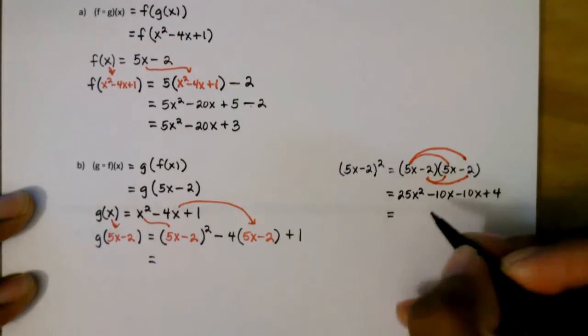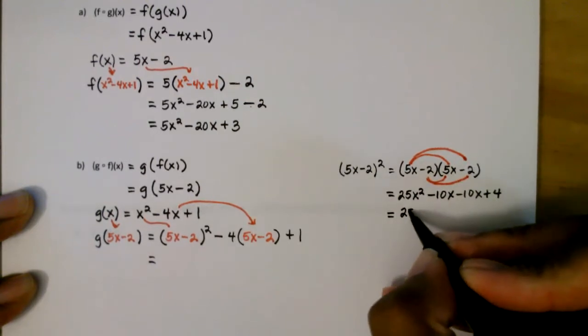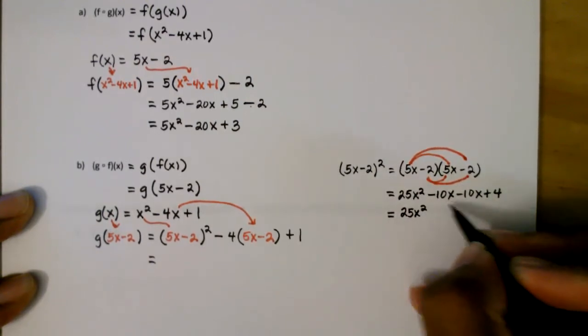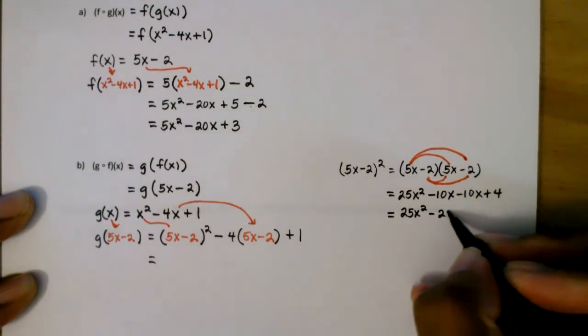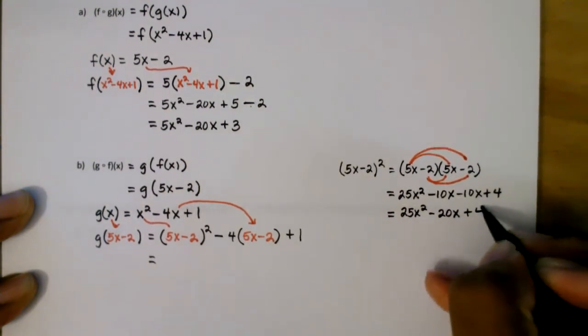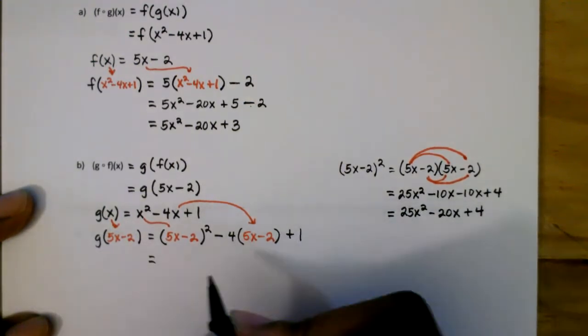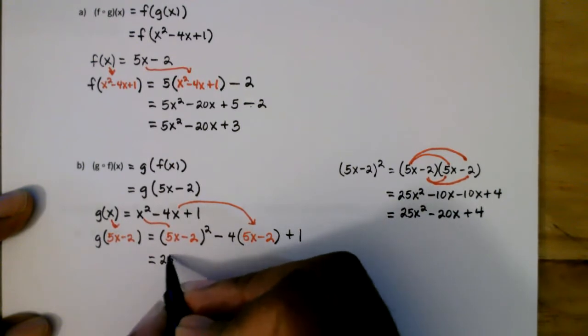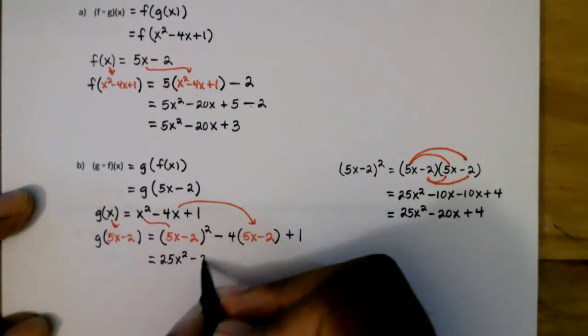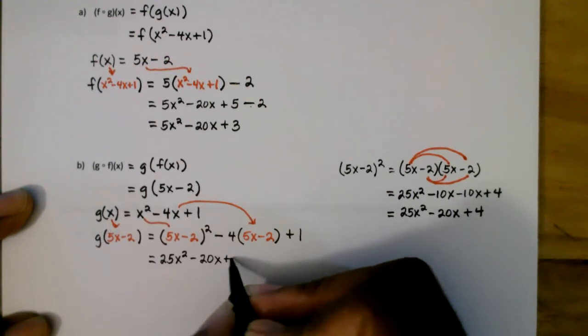And if we combine like terms here, you're going to get 25x squared, minus 10x and a minus 10x will be minus 20x, then plus 4. That's what 5x minus 2 quantity squared is. That's 25x squared minus 20x plus 4.